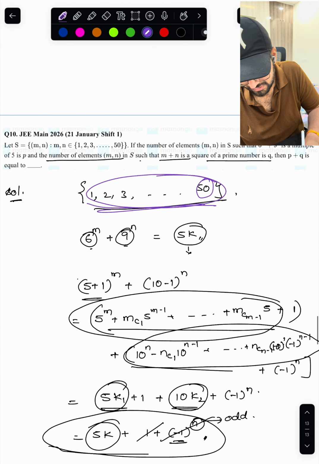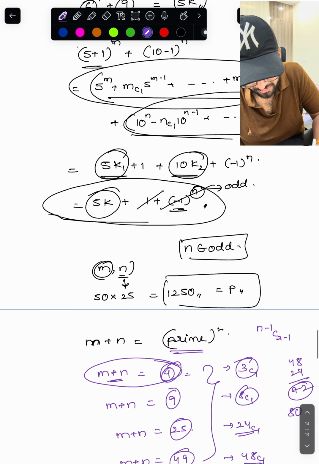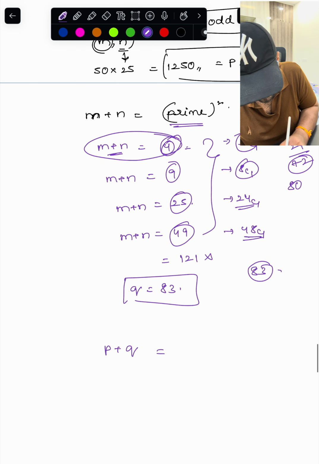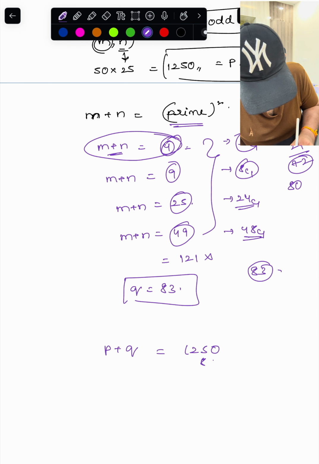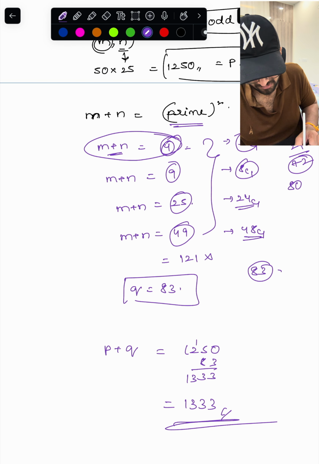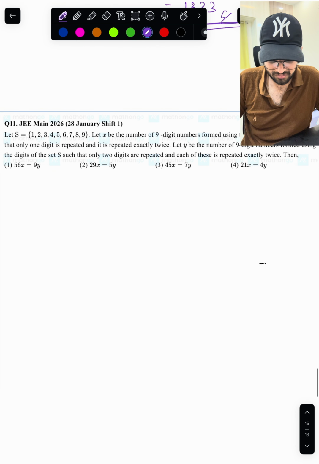So Q is 83. Now we need to calculate P plus Q. So how much is P plus Q? 1250 plus 83 is 1333. So the answer must be 1333. Done. So it is also an easy question.